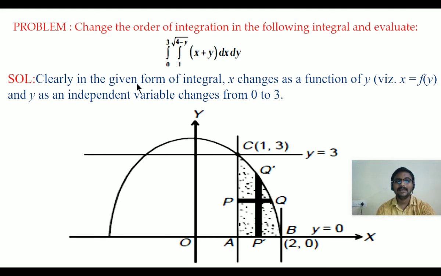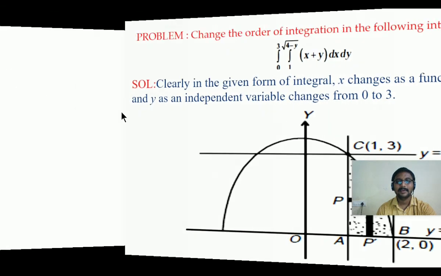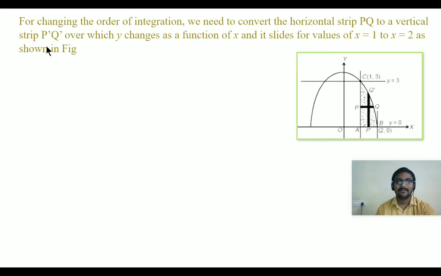So clearly, in the given form of the integral, x changes as a function of y, and y is an independent variable which changes from 0 to 3. Now, for changing the order of integration, we need to convert the horizontal strip, that is the PQ strip, to a vertical strip, that is P dash Q dash, the new strip, in which y changes as a function of x.